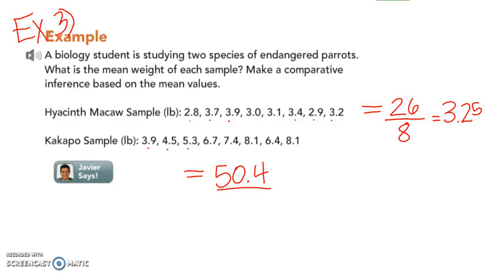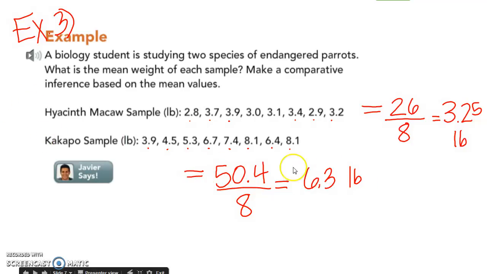Then divide by 8, since there are also 8 numbers in this data set. 50.4 divided by 8 gives me 6.3. So my mean weight for a cockapoo is 6.3 pounds. If I was making a prediction about which bird is going to weigh more, I would think the cockapoo, because its mean weight is bigger.